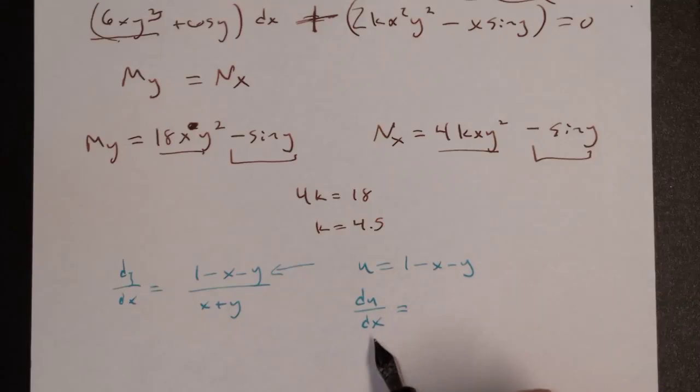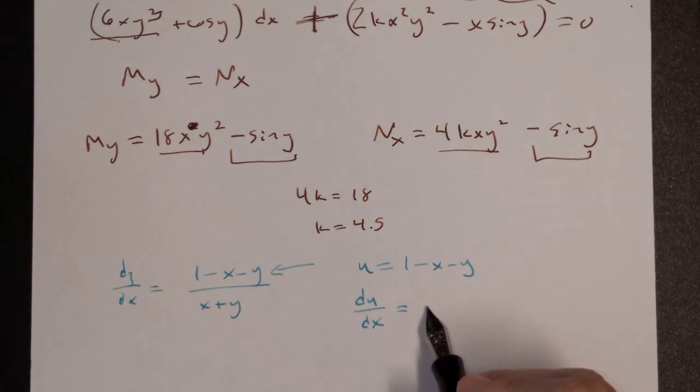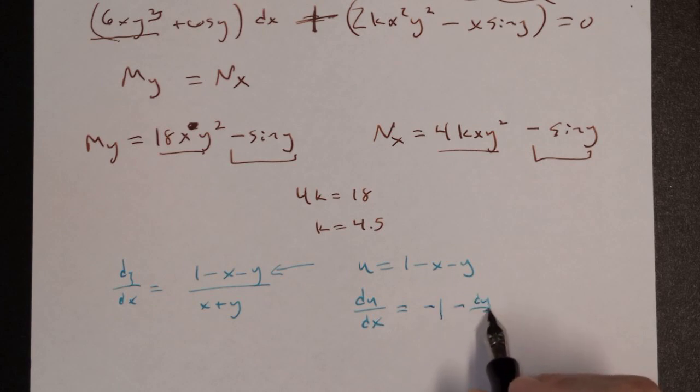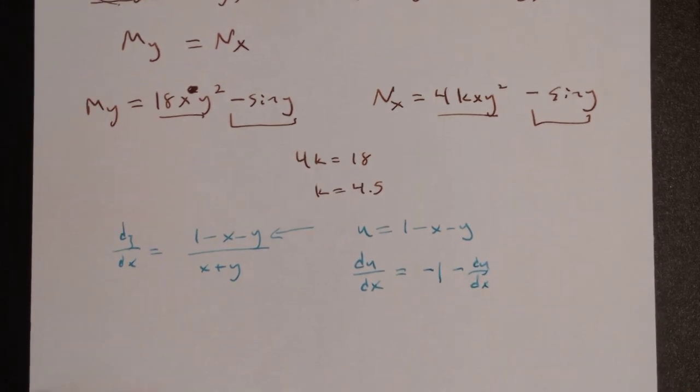Well, what's the derivative of negative x with respect to x? And then minus dy/dx. The first one, the derivative is 0. So we treat it as a constant.